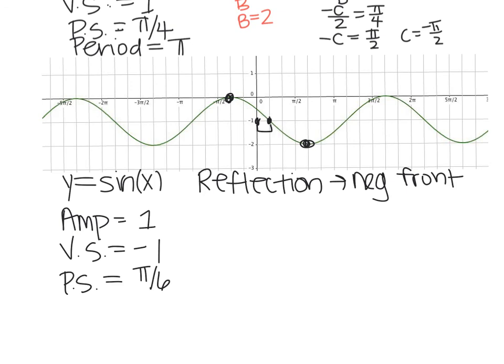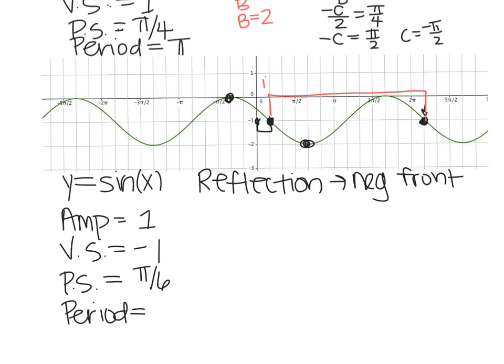To figure out my period, we're going to use this as our starting point. With a regular sine graph with the negative out in front, we'd go down and then back up, and then end at the midline again. So this point is going to be the ending. From here to here represents my period.